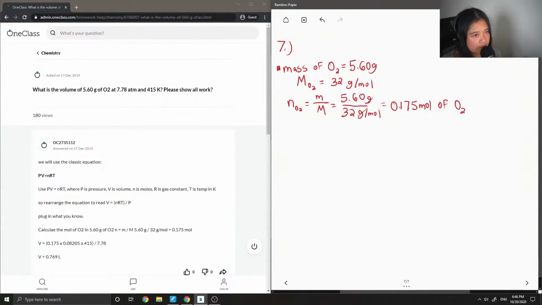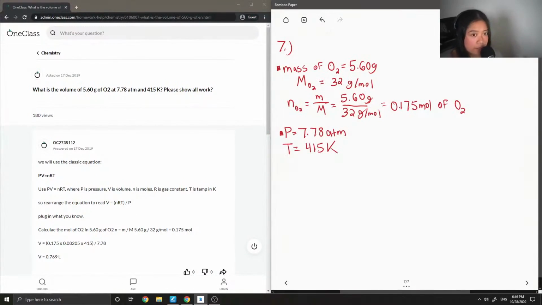What's also given is the pressure. So we know pressure is equal to 7.78 atm. And we're also given the temperature in Kelvin already, so you don't have to convert anything.